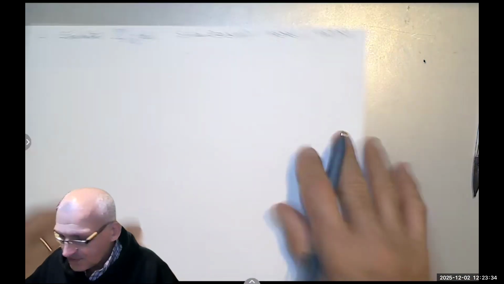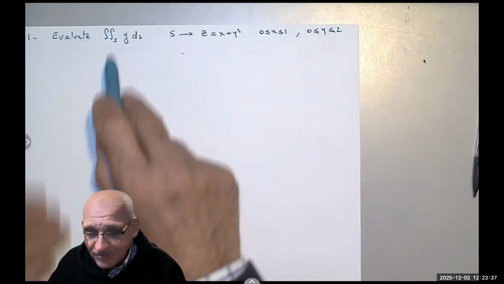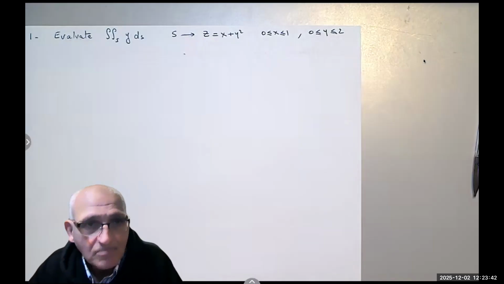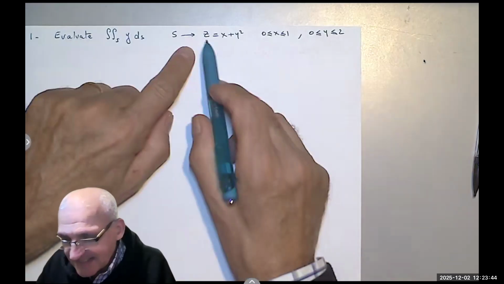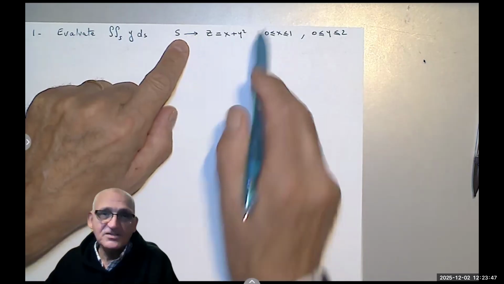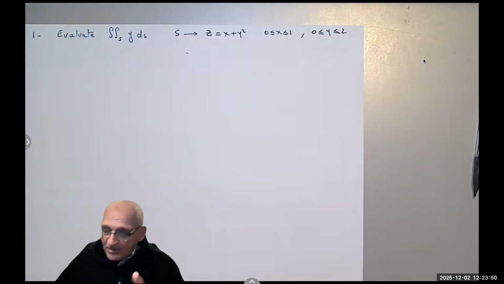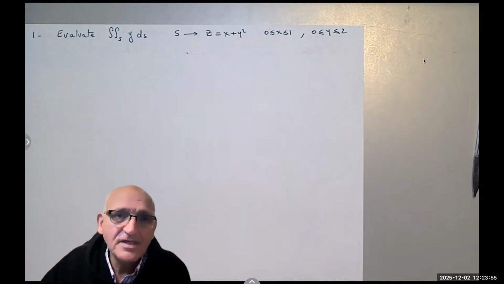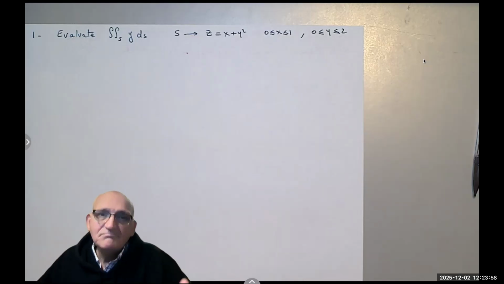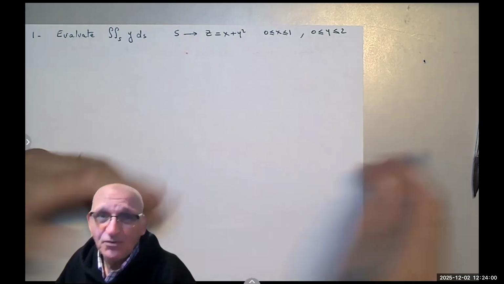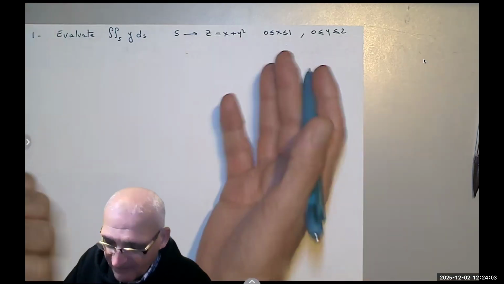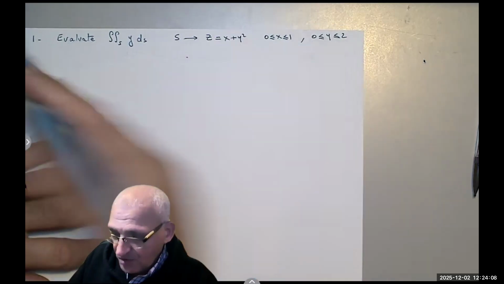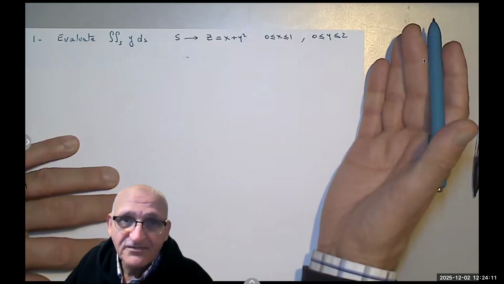So we are going to start with an example today where we want to evaluate a function which is just y over a surface, and this surface is given by z equals x plus y squared, where x goes from 0 to 1 and y goes from 0 to 2. I can work with x, y, and z, but usually if you want to parameterize, it's easy now because you want to take only x and y, and you already have z expressed as a function of x and y.